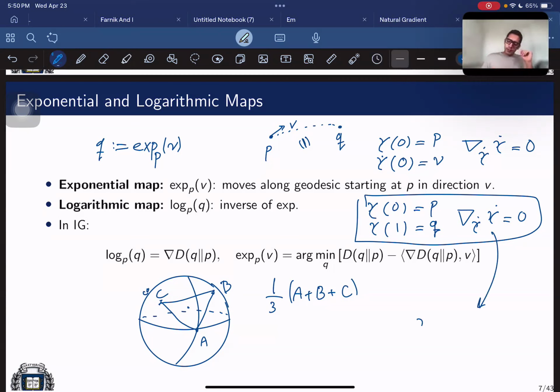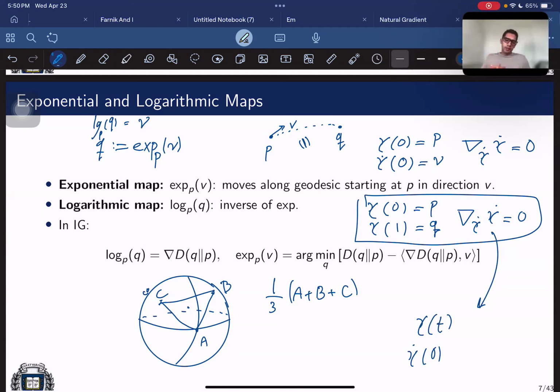So we give a curve, gamma t, and then take a look at gamma 0. What's the derivative of gamma at the first point? And that is the logarithmic map. So here, if I write logarithmic map of Q at P, what is the vector V such that if I take the exponential of the point P with respect to that vector, it gives me the point Q?